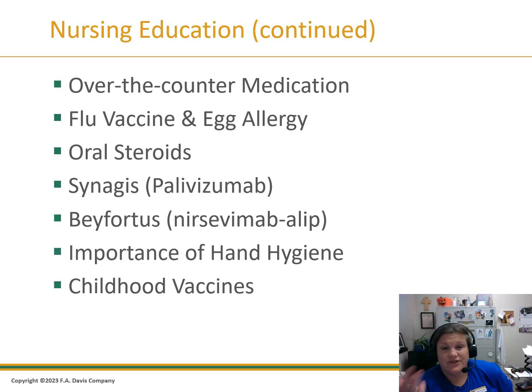Who qualifies for those things, how frequently it's needed. Whether it's weight dependent for dosages or if it's just a standard one size fits all. Hand hygiene, being taught at a very young age and enforced, and then childhood vaccine compliance being an important education topic for discussion.